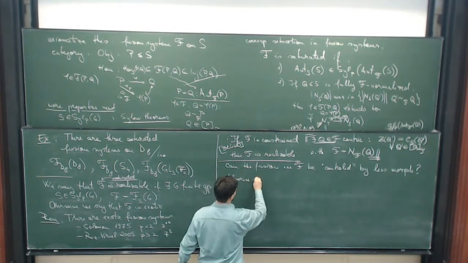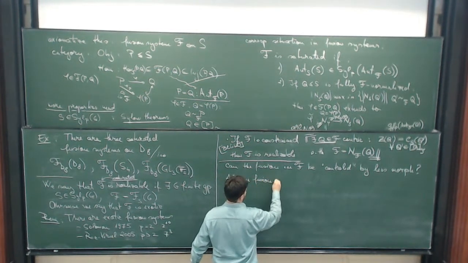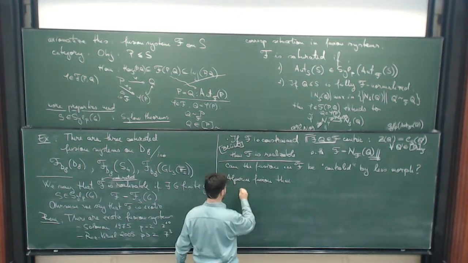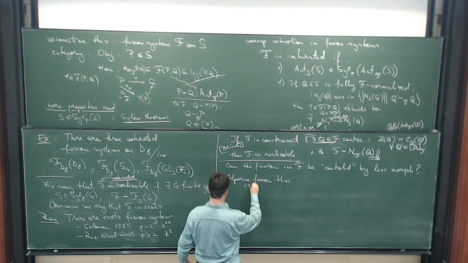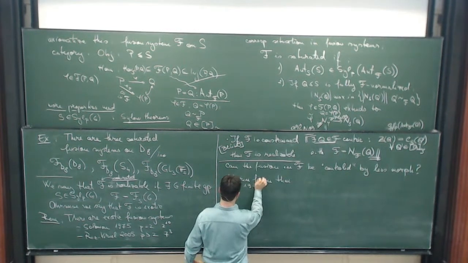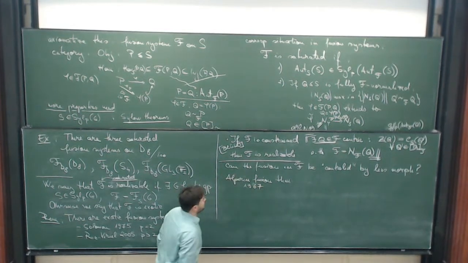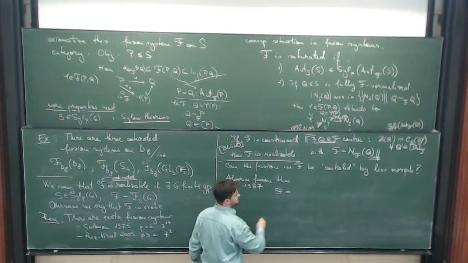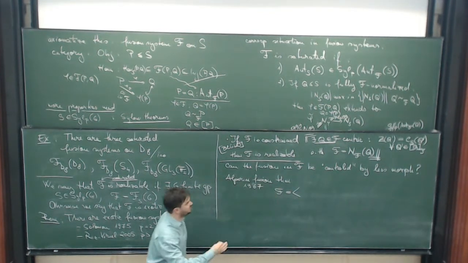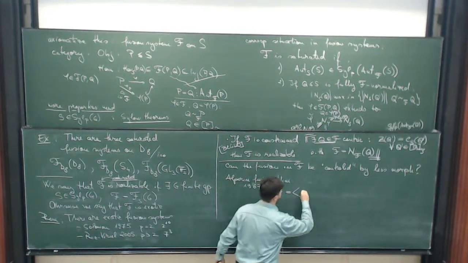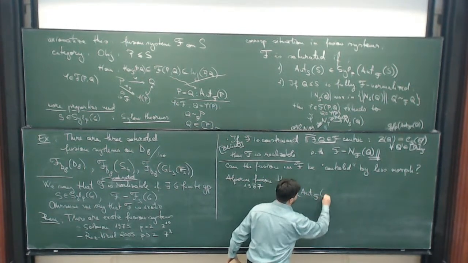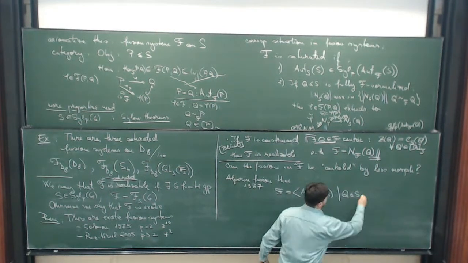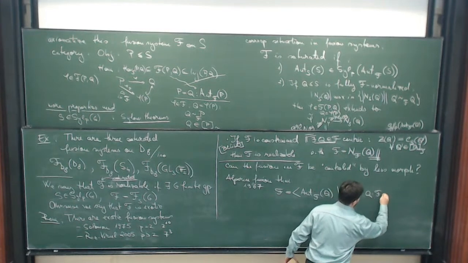Alperin's fusion theorem, in the fusion system setting, this was 1967, says that F can be reconstructed by composition and restriction from the automorphisms of F-centric subgroups.